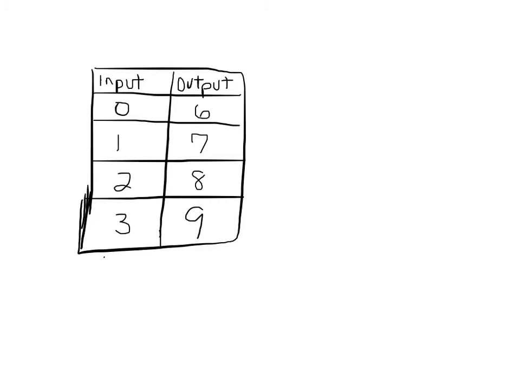Sometimes you might see a chart where you see what the inputs are, you see what the outputs are, but you don't know what the function machine is. So I have the output equals the input, but I have to figure out what's being done to the input. My recommendation is to start with addition or subtraction.